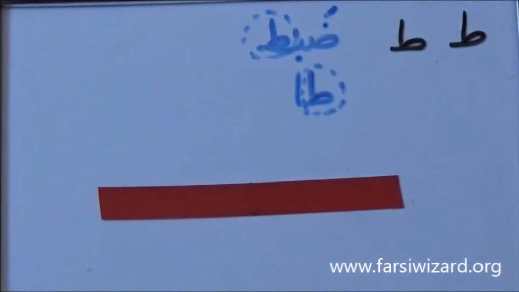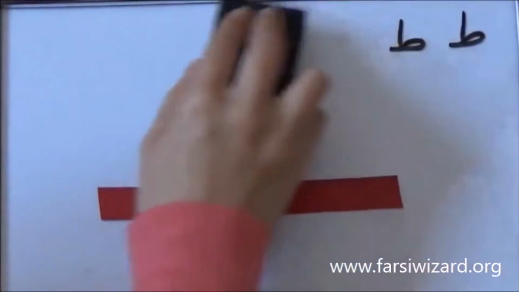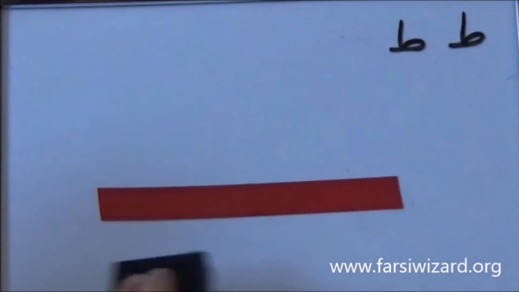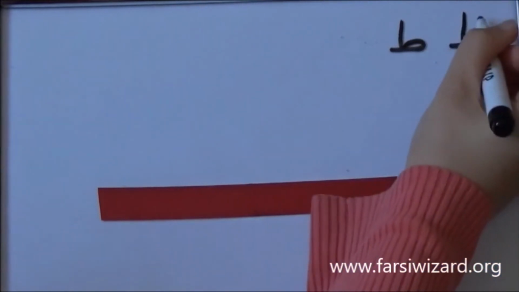You don't have to chop anything or cut any part of the word in order to attach it to the next letter. So the reason is because the letter ta, as you can see, actually it has already an extra line which can connect it to the next letter, so we don't have to really change it in order to connect it to anything.